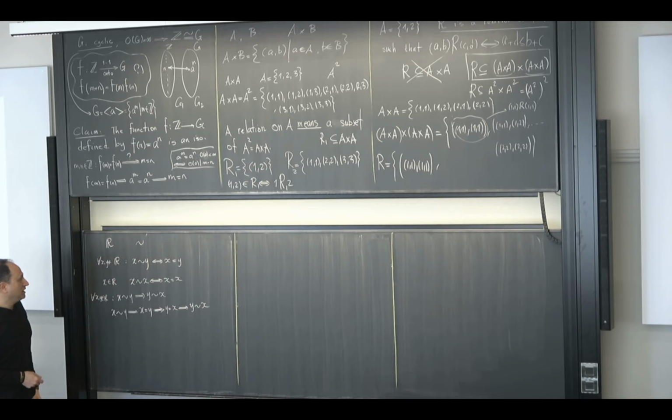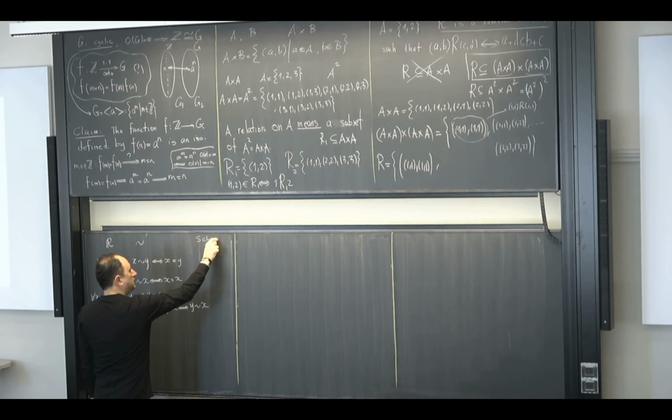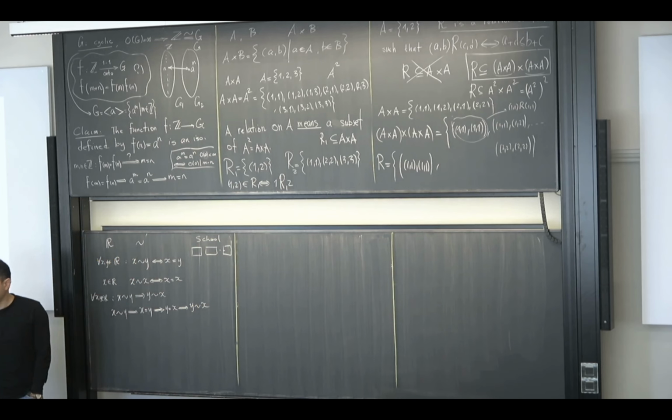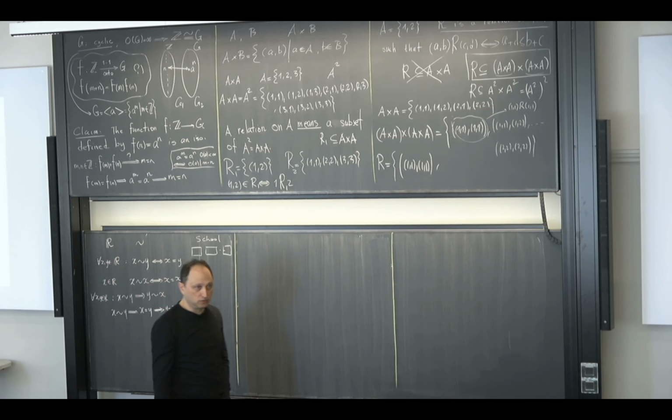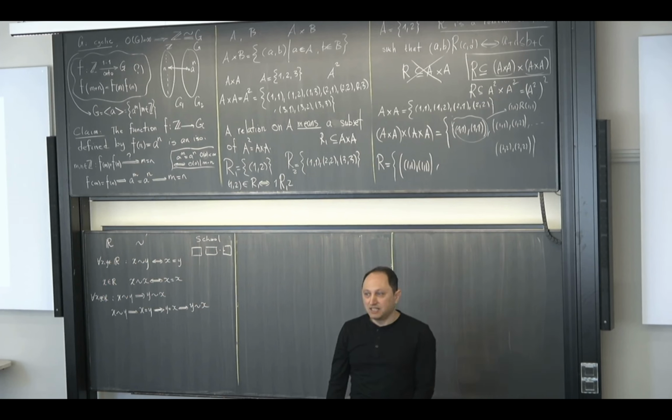For example, one of the relations is this: let us say we have a school and it has some classrooms. Being a classmate on the set of students in a school is also considered an equivalence relation. Of course, the first property is a little bit counterintuitive, meaning that you and yourself are classmates, if we accept that.